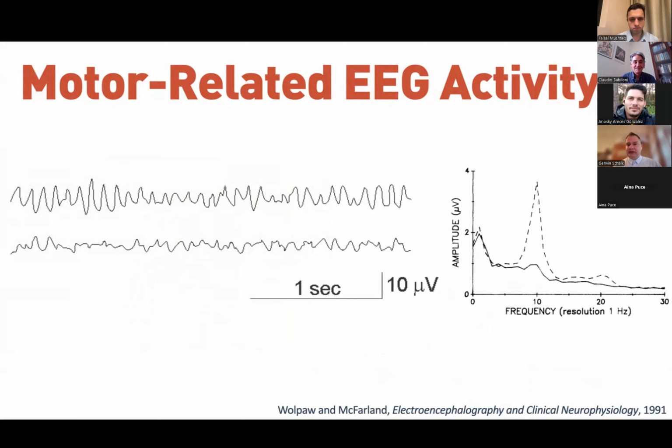And when you look at the EEG and the spectrum of the EEG, just like we've seen before in the visual areas, we see a peak around 10 hertz that then disappears with movement. This is not the point I'm trying to make.